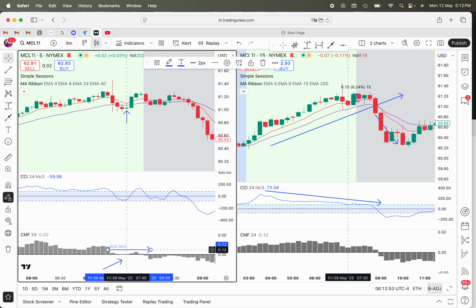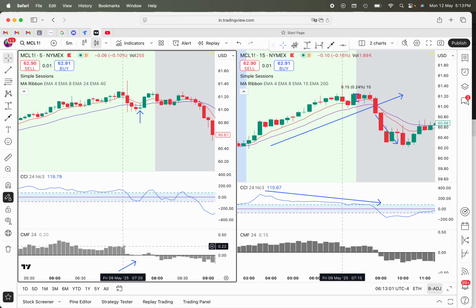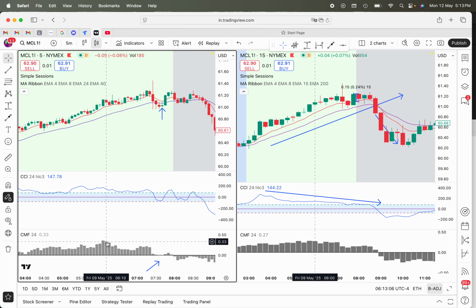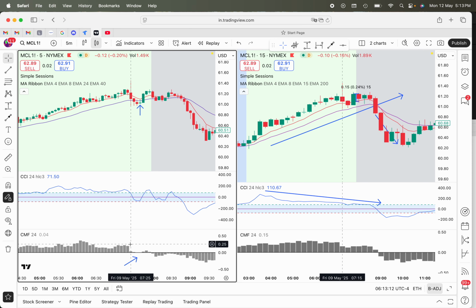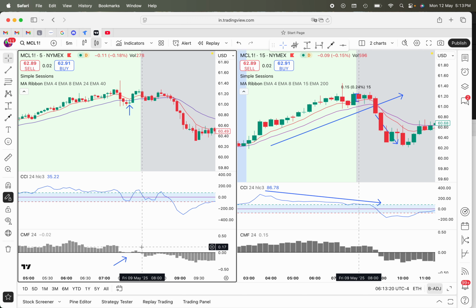That's just, the picture's just not great. It's just showing weakness. And this is what I love about the CMF. It's a really subtle indicator, but when you combine it with the CCI, it's fantastic. So just look out for these things if you're thinking about using a 5-minute chart or something else to enter. These are things you need to look out for.